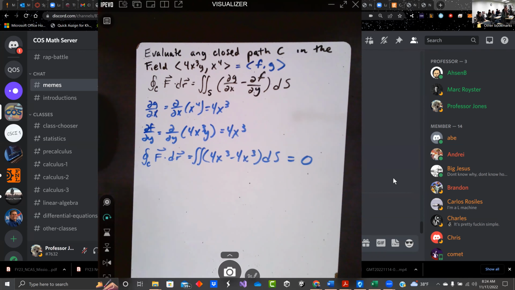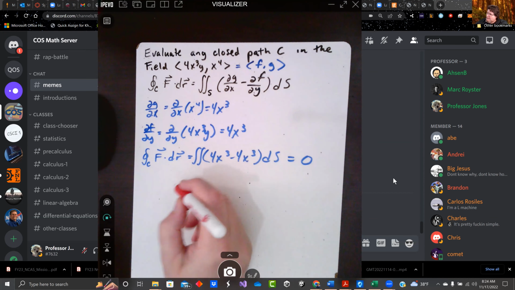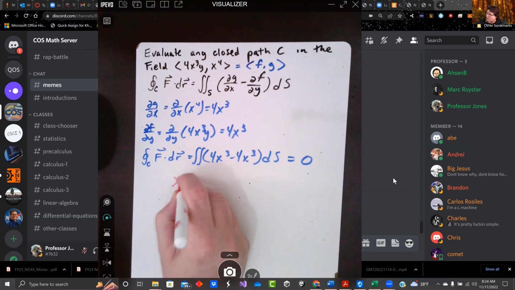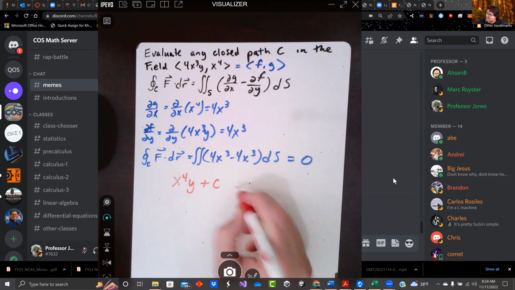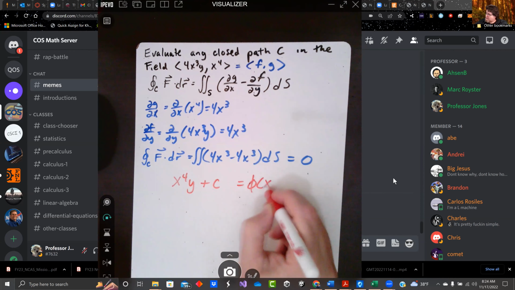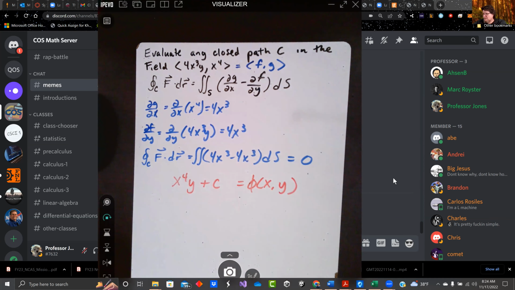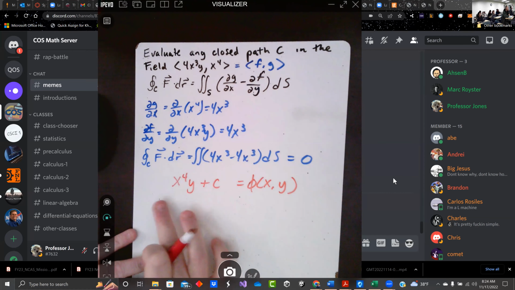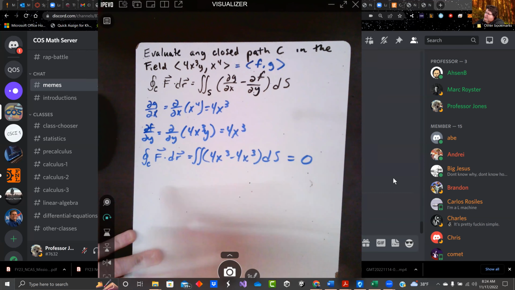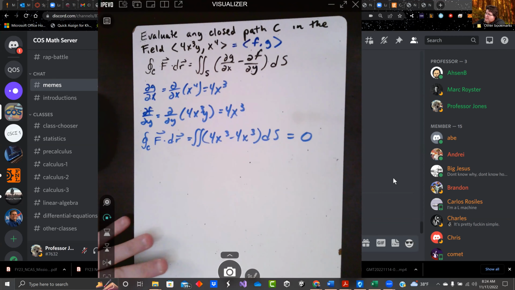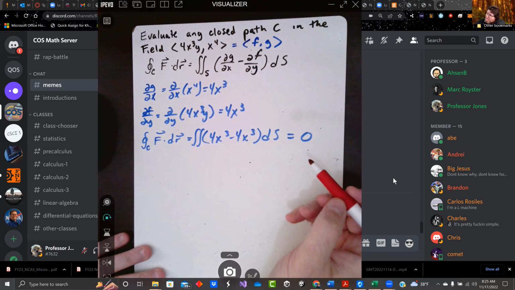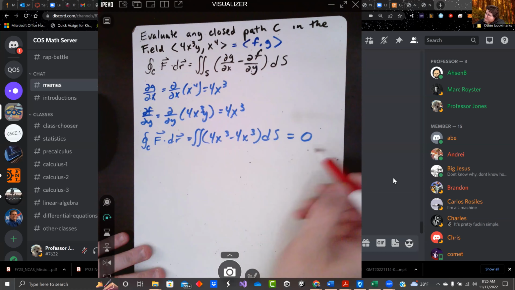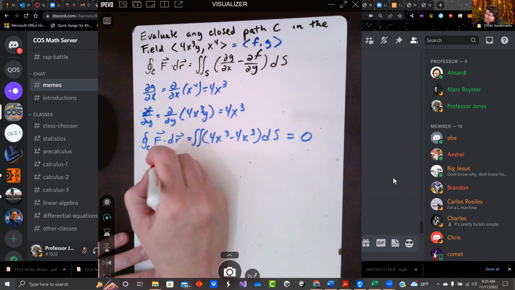There's your physics of the day line. Which means it's probably coming from x to the 4th y plus c. That's me doing some quick integrating, but since we are trying to connect all the topics here, he's right. When the closed loop integral is 0, this is a conservative vector field.